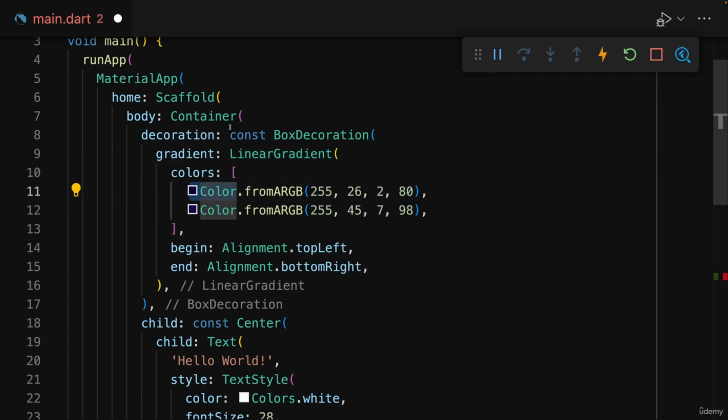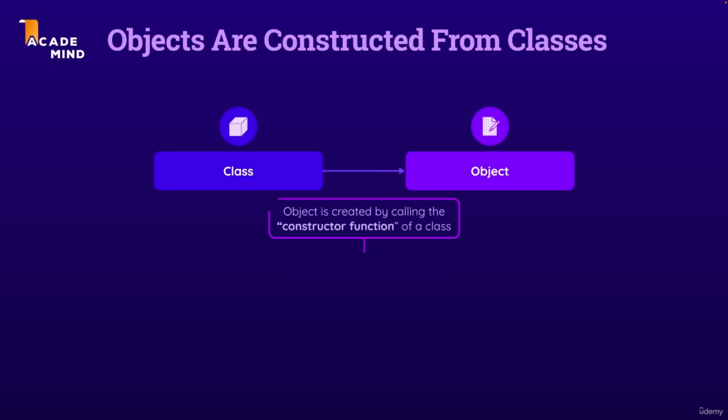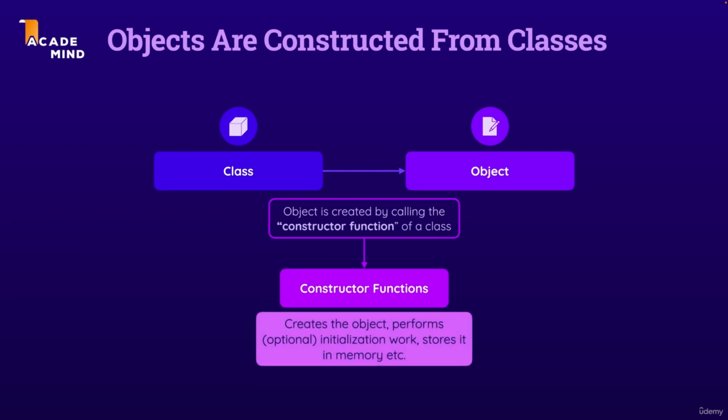So color here, like container and scaffold and box decoration, all these things are in the end classes, or when executed like this, or when using this from argb function here, you are in the end using so-called class constructor functions, which simply are functions that are used to create objects based on those classes.